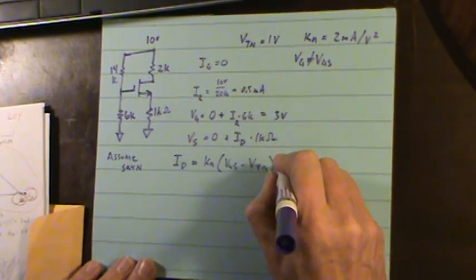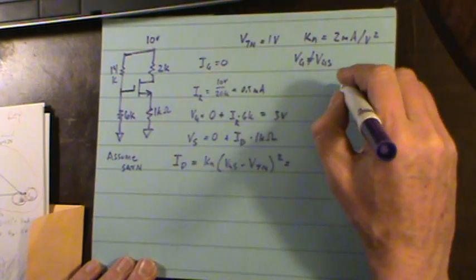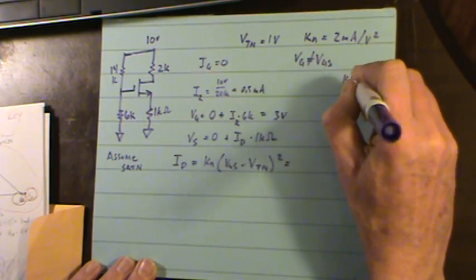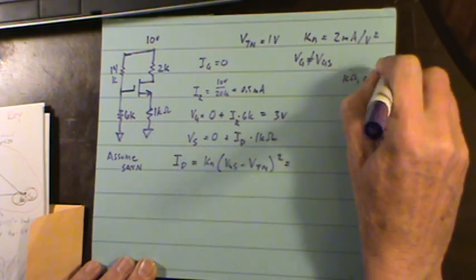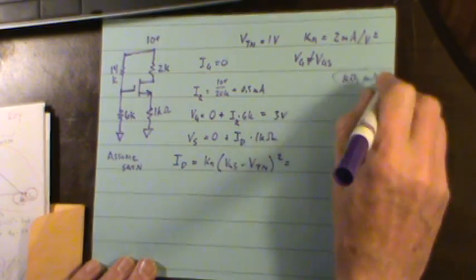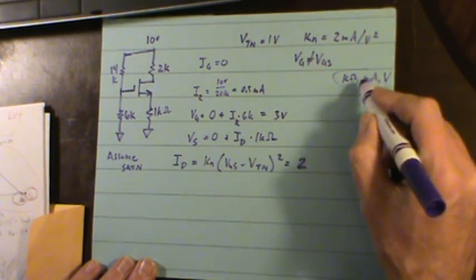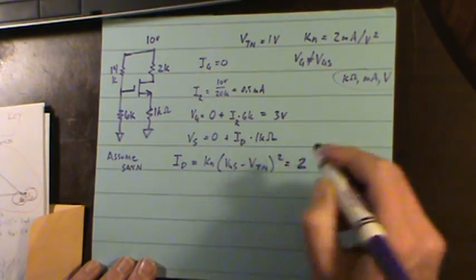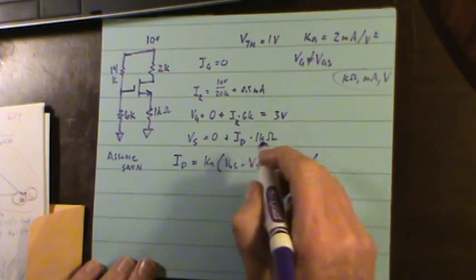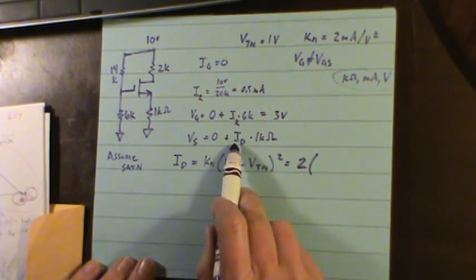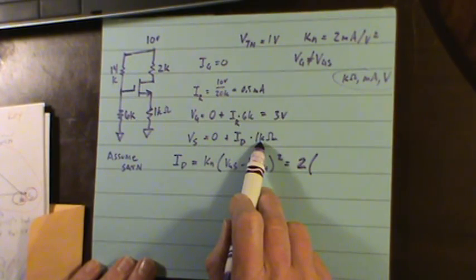I always do this: I want to remember I'm going to use K ohms, milliamps, and volts. So I'm going to write this as 2, in milliamps per volt squared, times VGS. I don't know what VGS is, but I know it's 3 volts minus ID times 1K.